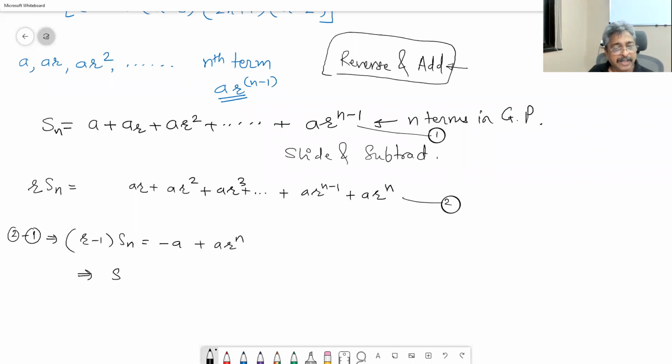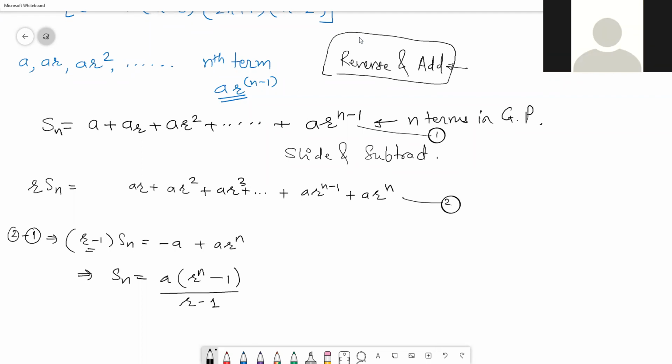And therefore, Sn is equal to a, common inside bracket, r raised to n minus 1, divided by r minus 1. So we can also prove that 1 plus r plus r square plus r cube and so on is equal to r raised to n minus 1 upon r minus 1.